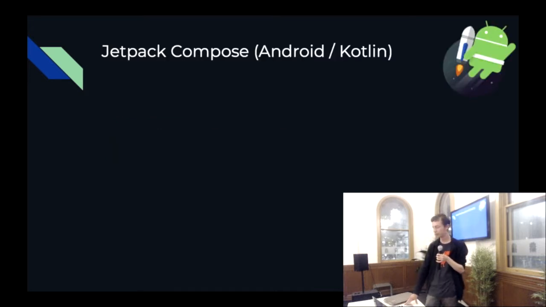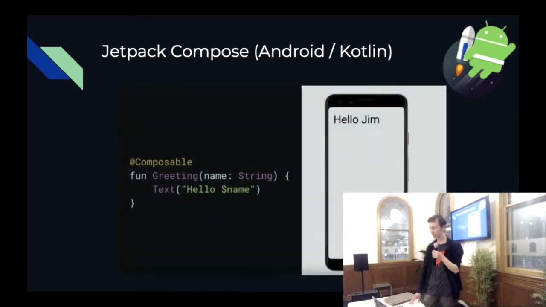So Jetpack Compose, which is a similar framework but only for Android using Kotlin. Google is developing this in the open source. It looks like they've been working on it for about a year so far, but there's still not a huge amount of information on it.